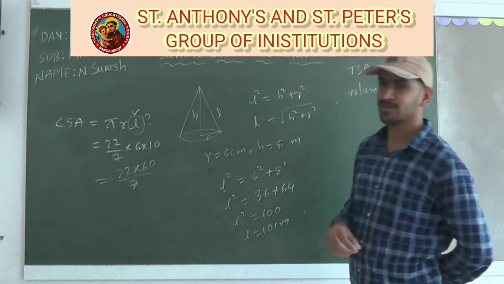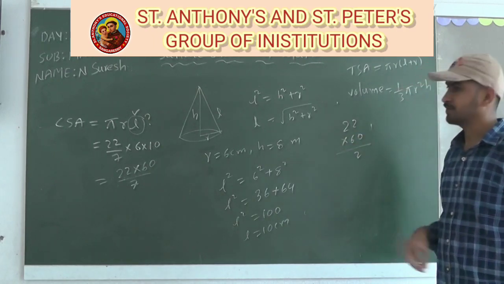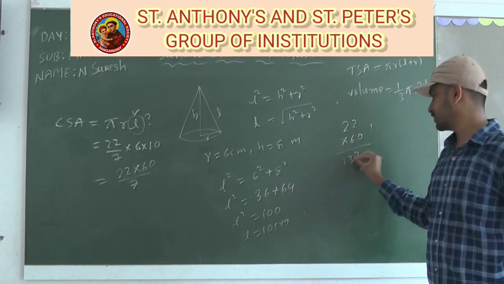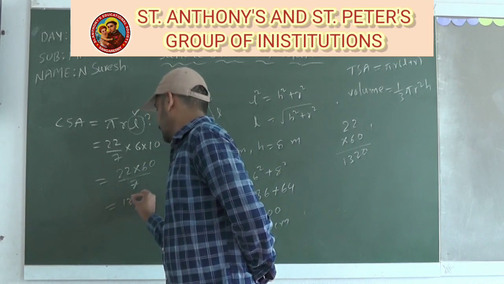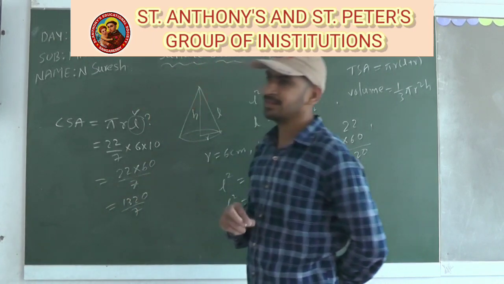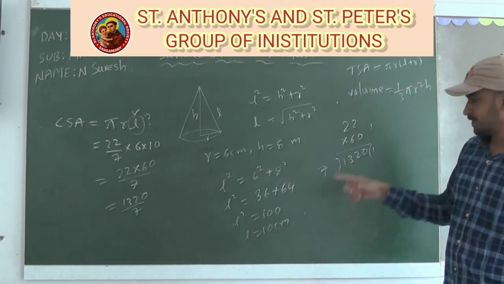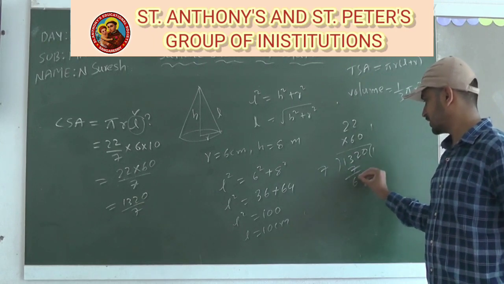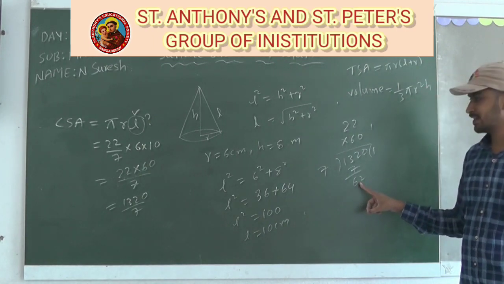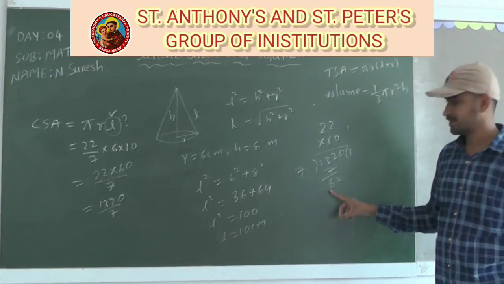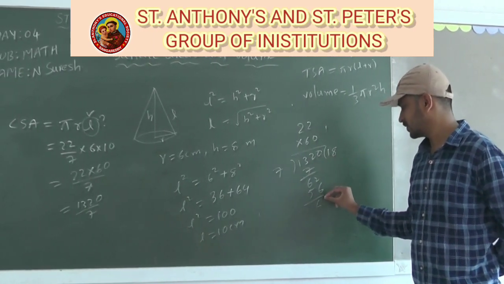Now you have to simplify. 22 into 60 is 1320, by 7. Now we have to divide with the 7. 7 eights are 56, so 60 minus 56 is 4, bring down 0.